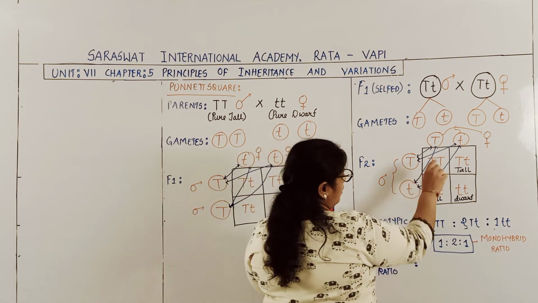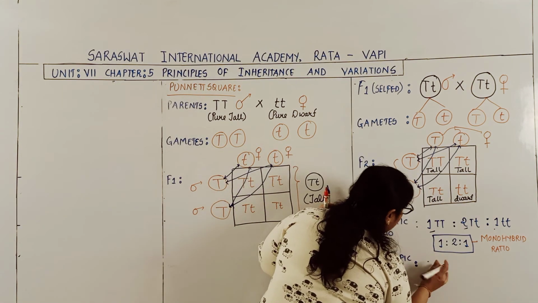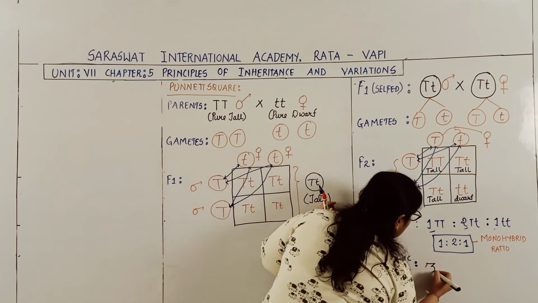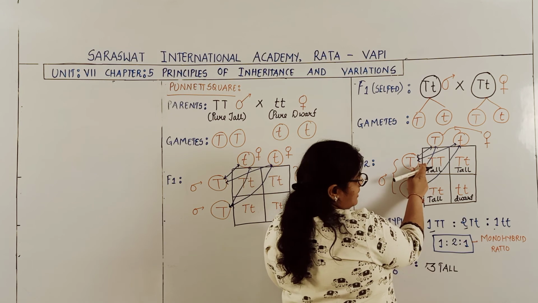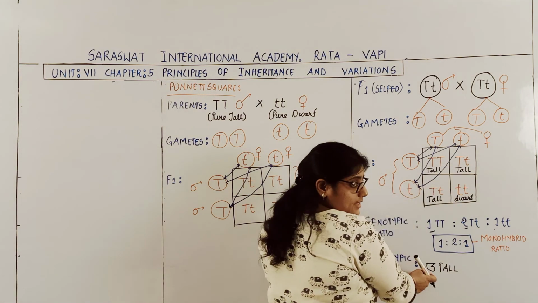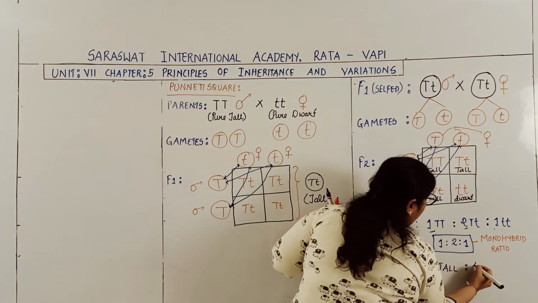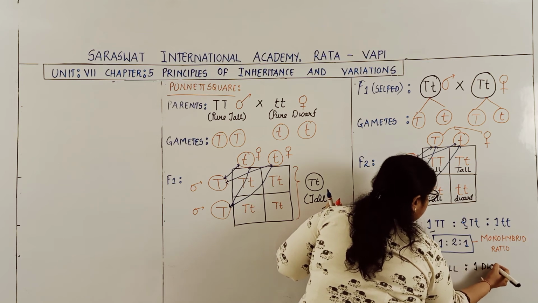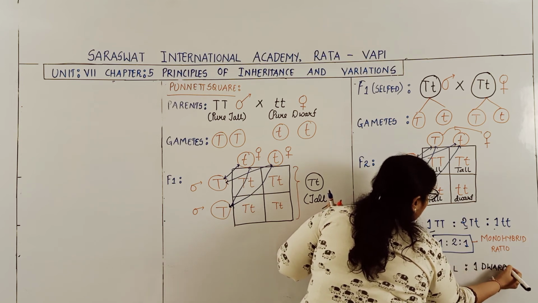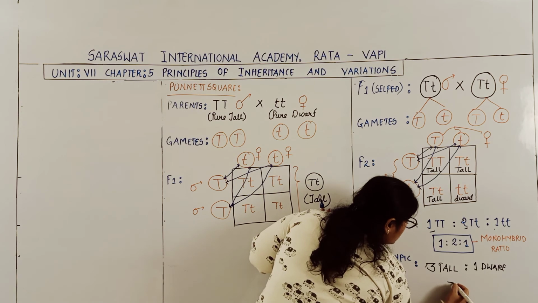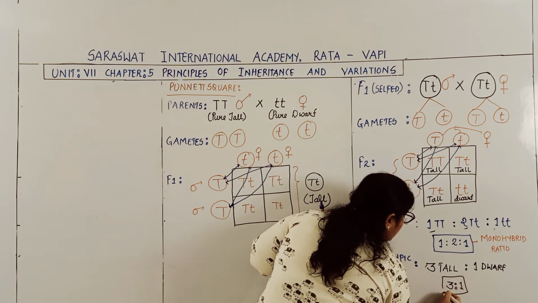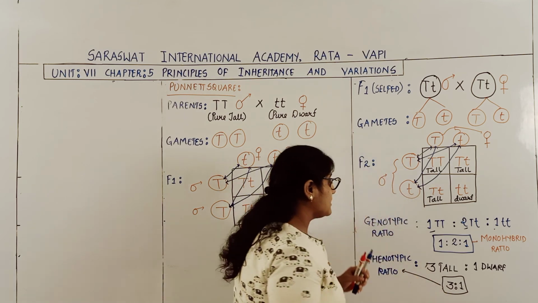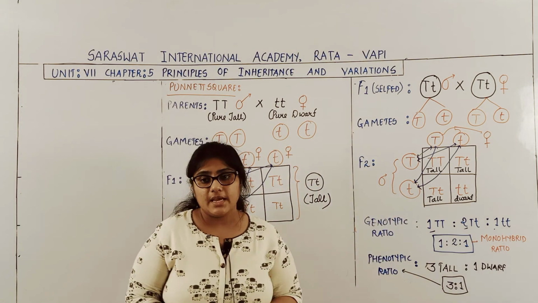So now from this you can say that 3 plants are tall, right? 1, 2 and 3. 3 plants are tall and 1 plant is dwarf. So this ratio 3:1, what is it called as? It is called as the phenotypic ratio.